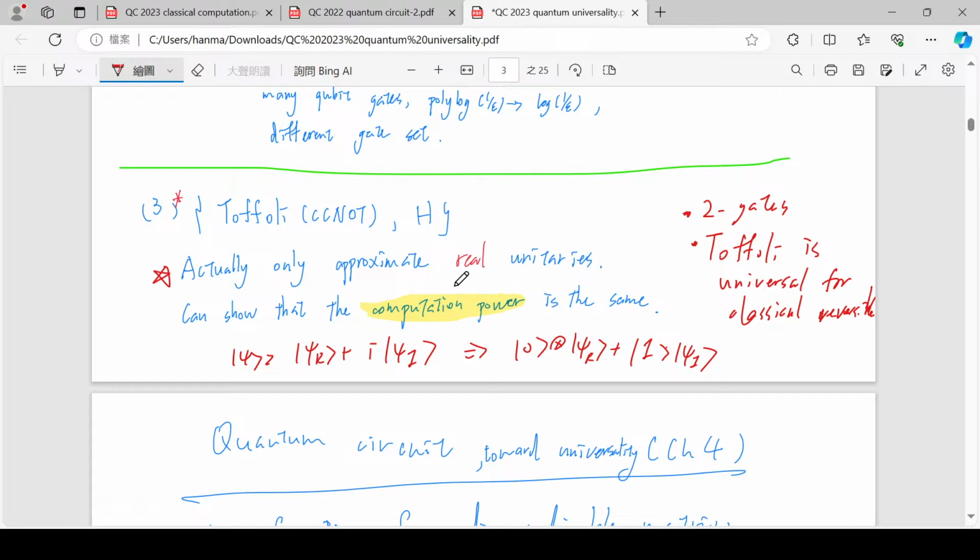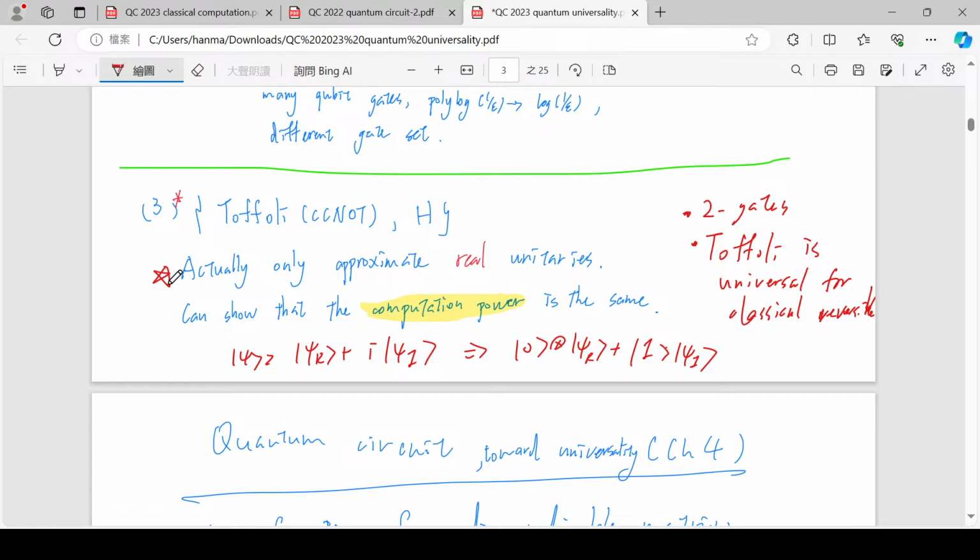So yeah. And as we said, this is a special part, and this is actually both a good thing and a bad thing, because you see the computational power here is a little restricted because you only approximate real unitaries, although at the end when you do measurement it is the same. But sometimes you only want to deal with real unitaries, then this is good for you.